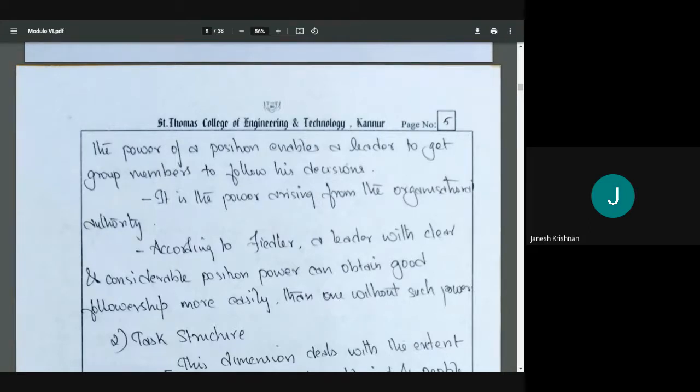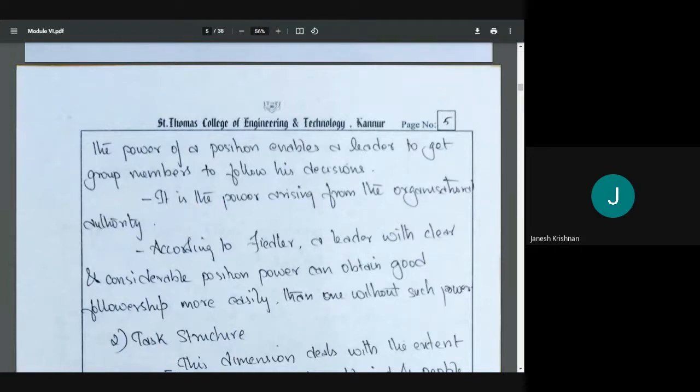It's the power of position that enables a leader to get the group members to follow his decisions. That power is given by his position, right? Like that of a minister, whose power is given by our constitution.